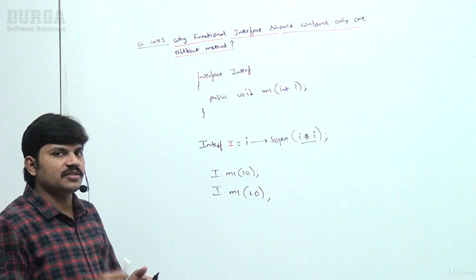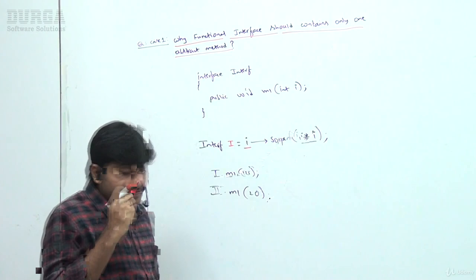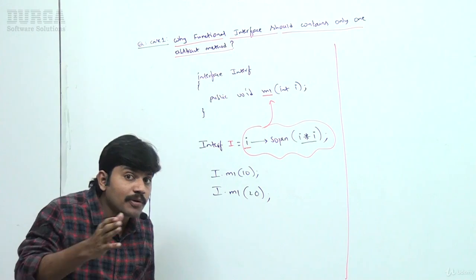Here the observation is, can you please tell the answer clearly, sir? Here I am taking I. The total lambda expression is mapped to which method?